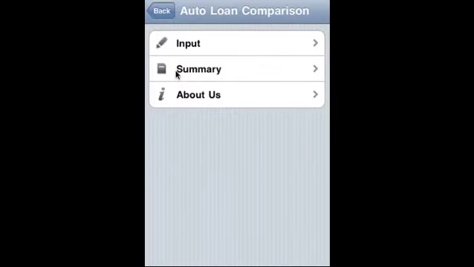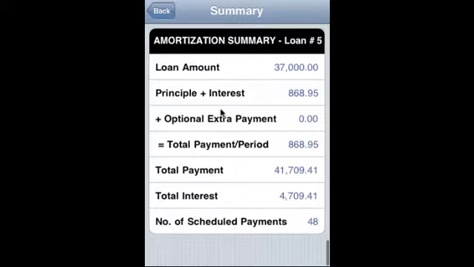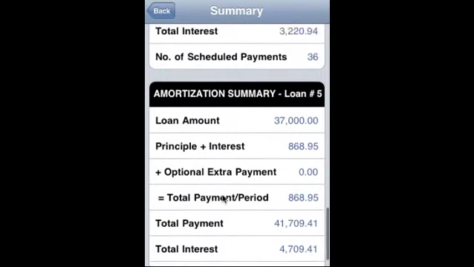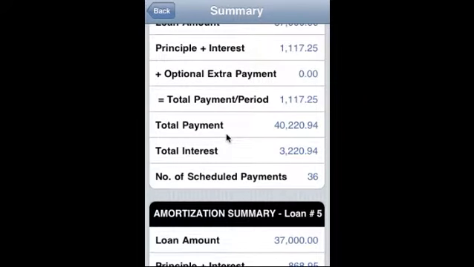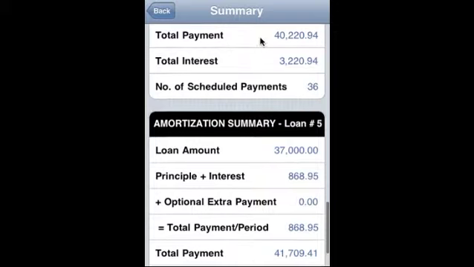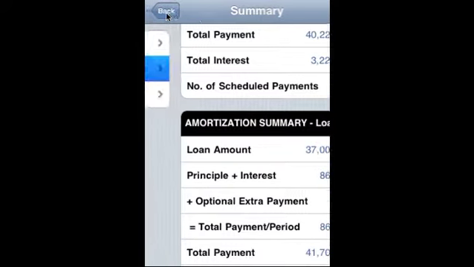Now when we go to summary, you will see the breakdown, schedules, total payment. So this is how they compare. So total interest, total payment, we are making 40,000, here 41,000. So you can figure out which one is better in terms of the total payment.